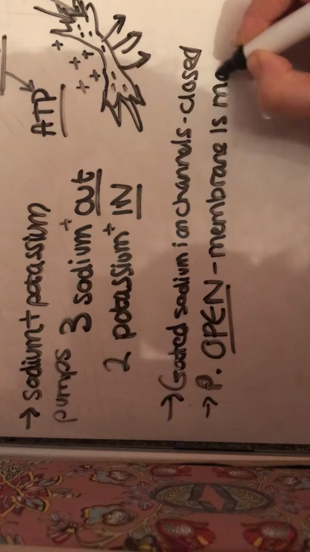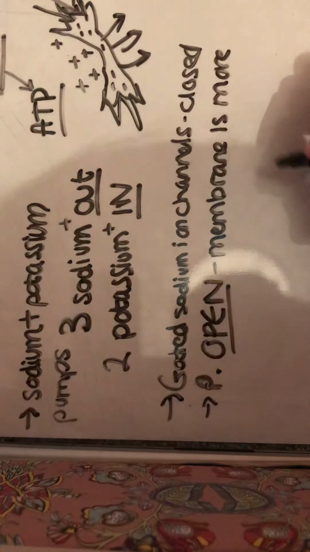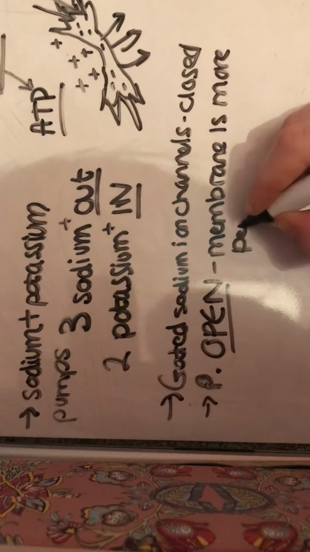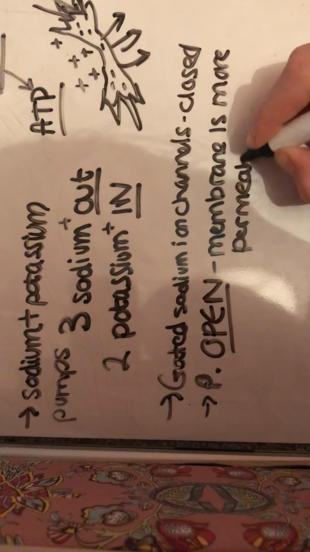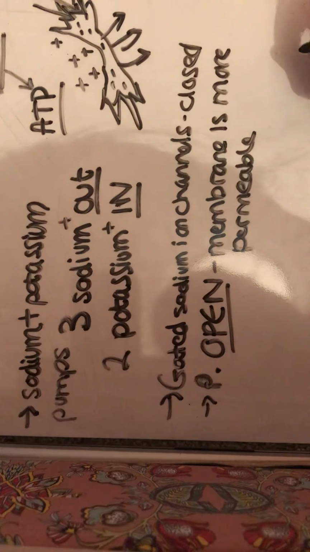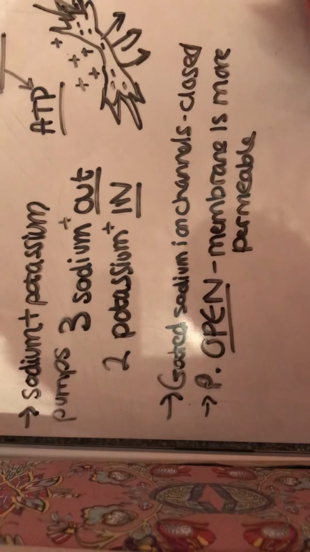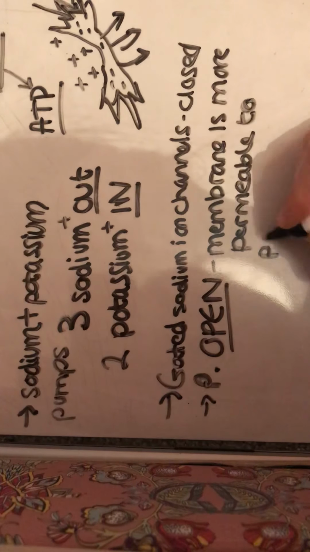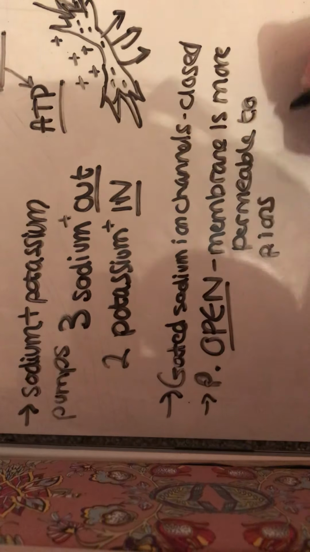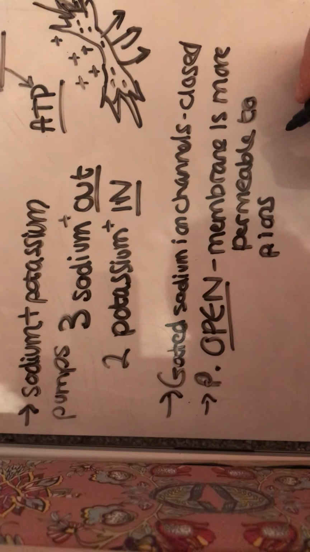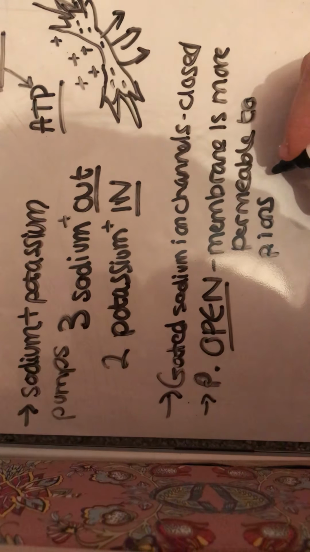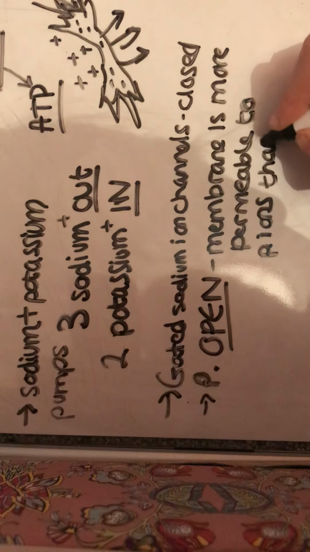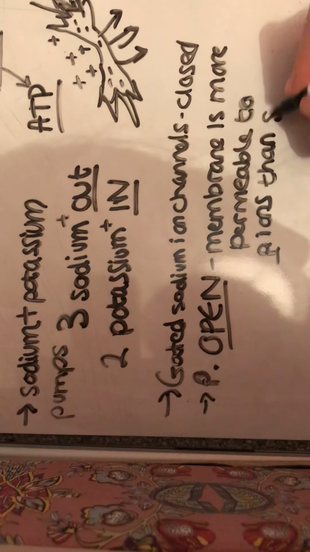This is probably something that you get a mark for saying, so I would encourage mentioning this if we're talking about resting potentials, that the membrane is more permeable to potassium ions than to sodium ions. Remember, if you're saying that it's more permeable to potassium ions, you have to say compared to sodium ions.